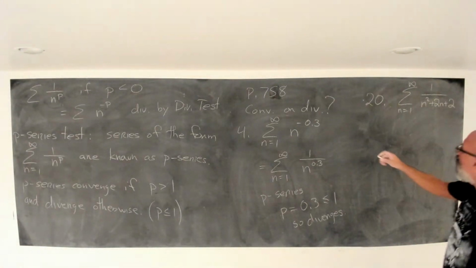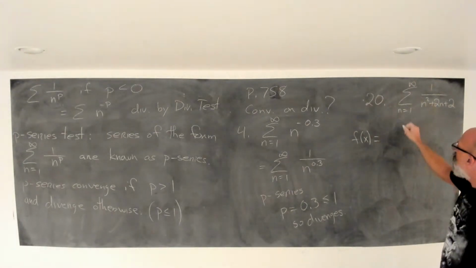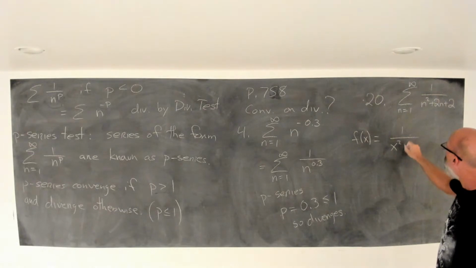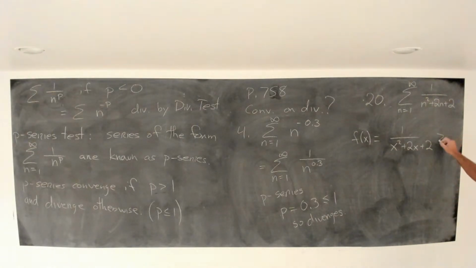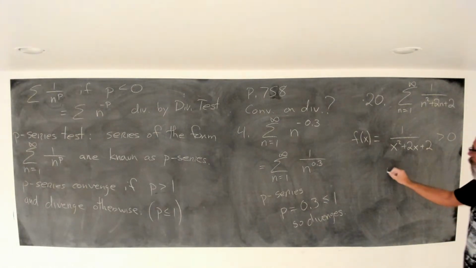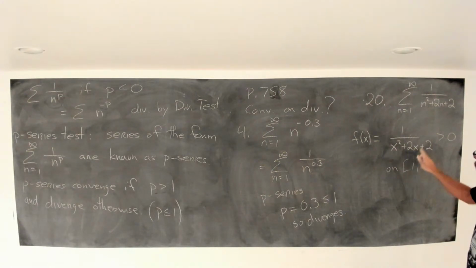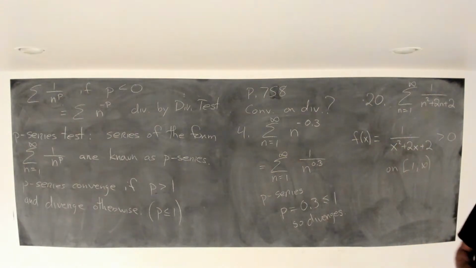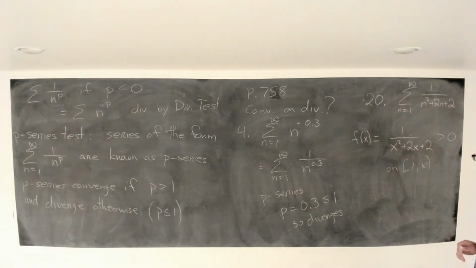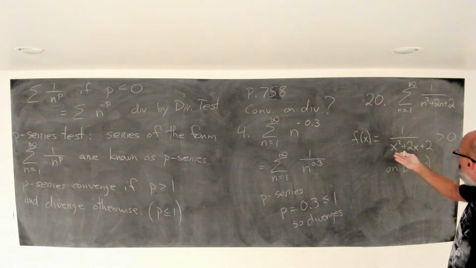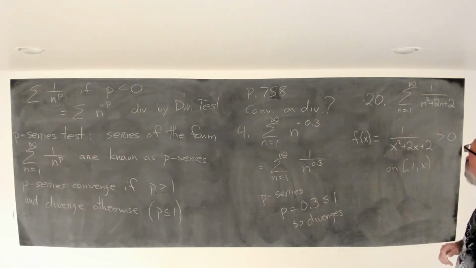What are we looking at here? Consider the function which gave rise to this, 1 over x squared plus 2x plus 2. This is, of course, positive on the interval 1 to infinity. If you're plugging in positive values of x, everything is positive here. No issue there. It's continuous on its domain.